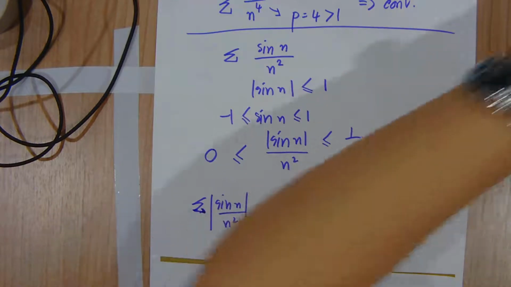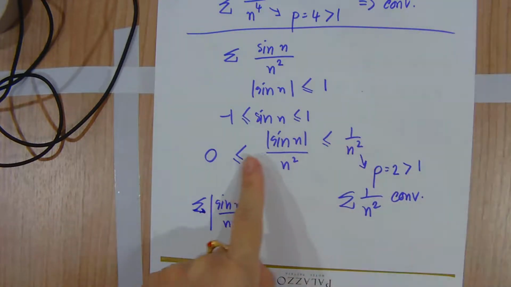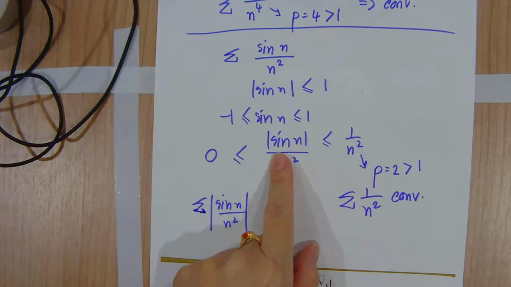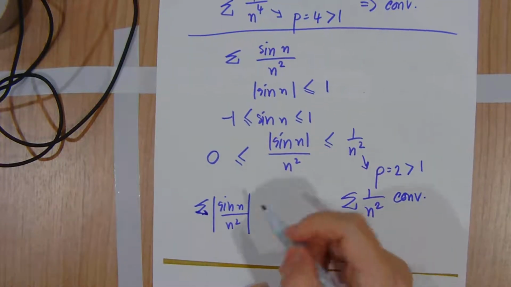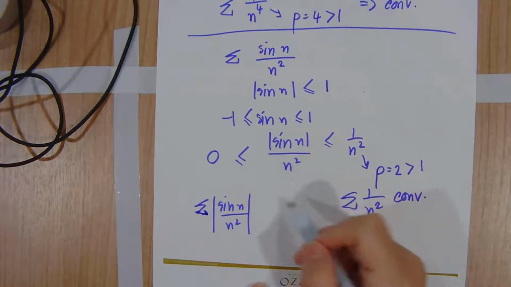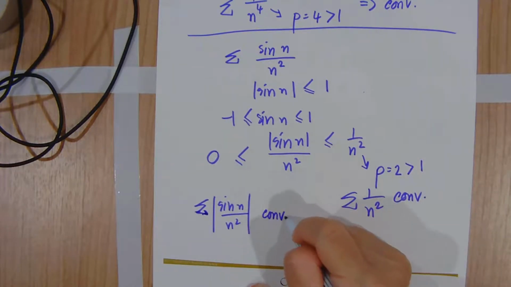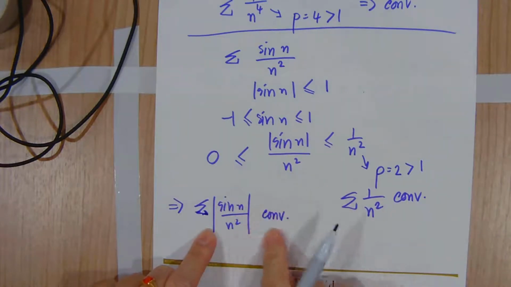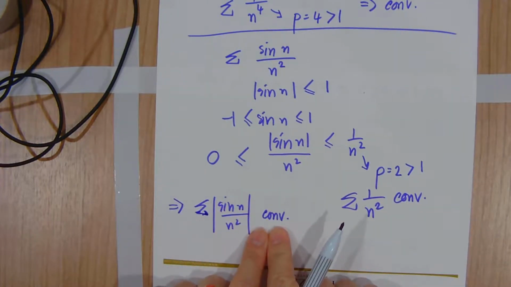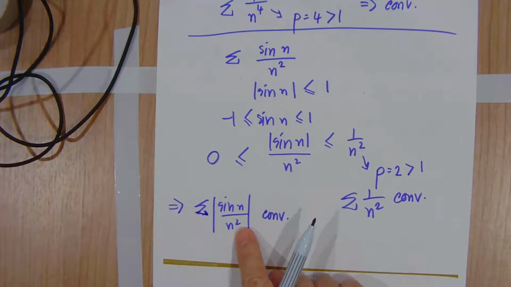This term is also less than or equal to the absolute value of the term, and this term converges, right? Then we can conclude that this also converges.